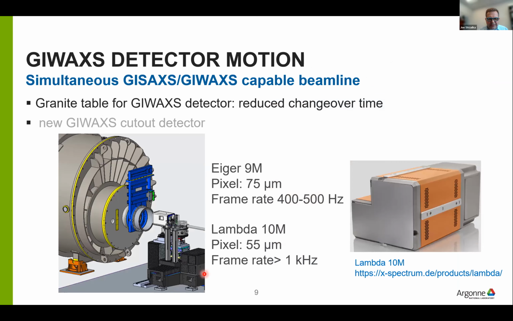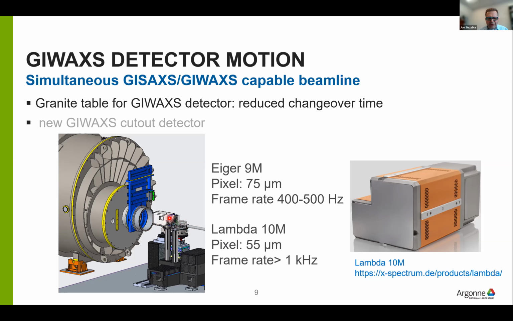So the GIWAXS detector motion: the beamline will be capable of simultaneous GISAXS, GIWAXS pending a new detector. We will have this granite table that'll be able to move the near detector, the wide-angle detector, in and out. Not shown in this rendering is the vacuum path that will complete the connection from the sample chamber to the entrance to the granite tube.